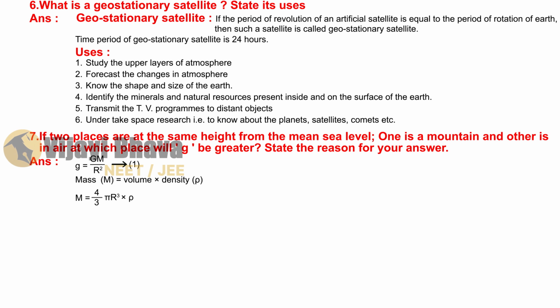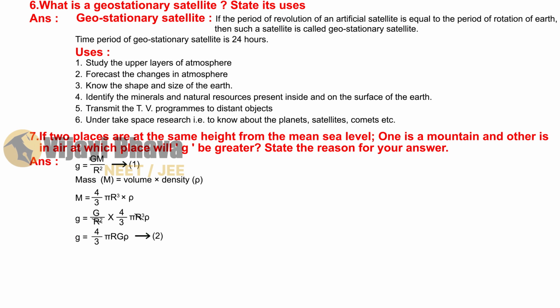When you substitute the value of m in the formula g is equal to GM by r square, we get g is equal to G by r square into 4 by 3 pi r cube rho. Here r square and r square get cancelled, so r will be left over. So finally g is equal to 4 by 3 pi r G rho.